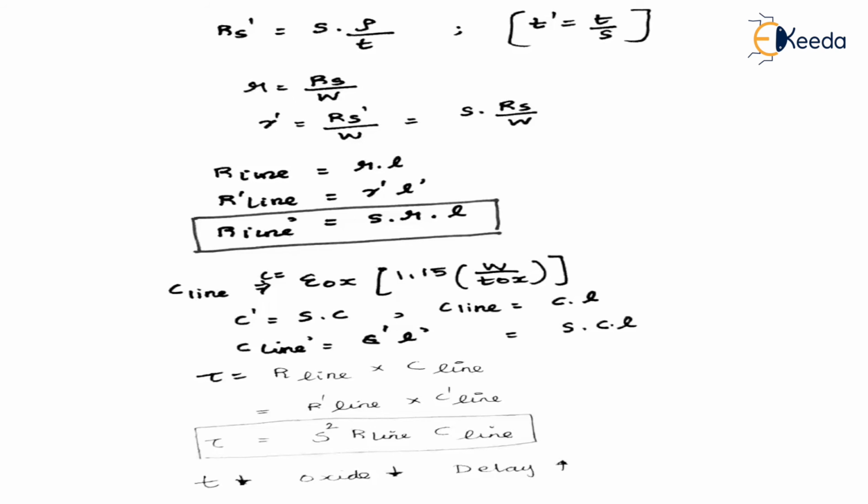So our newer line capacitance, after scaling down the thickness T and the oxide thickness, is scaled up by a factor S.